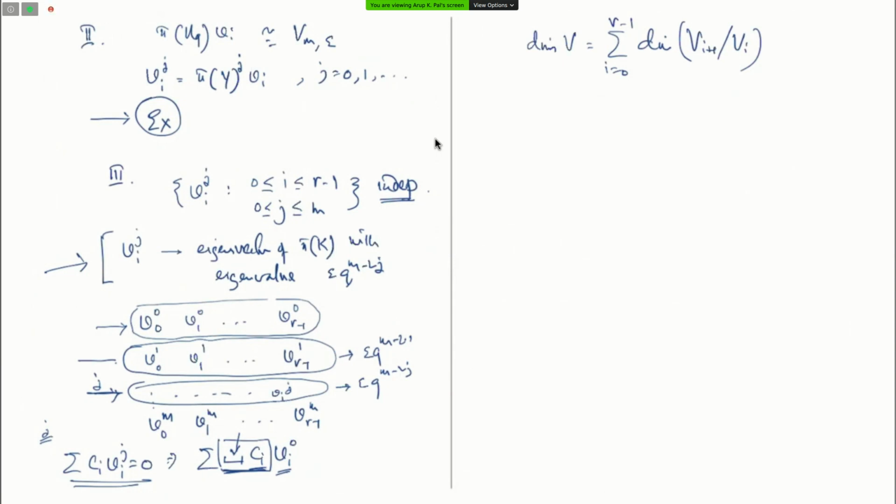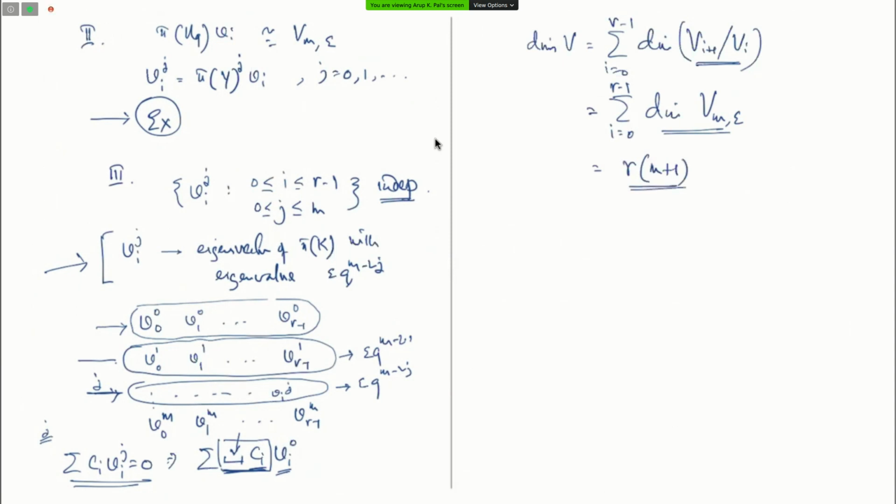Now this is the irreducible of type m epsilon, so this dimension is m plus 1. So r times m plus 1.